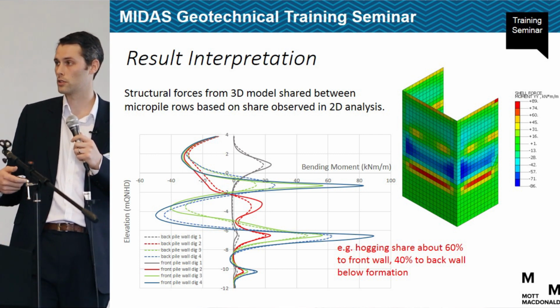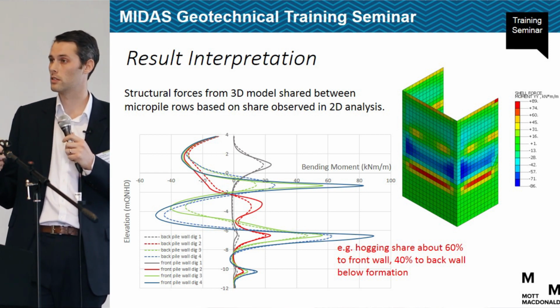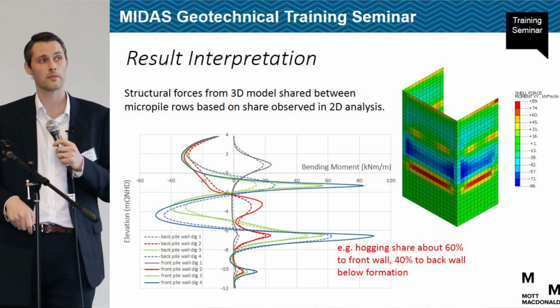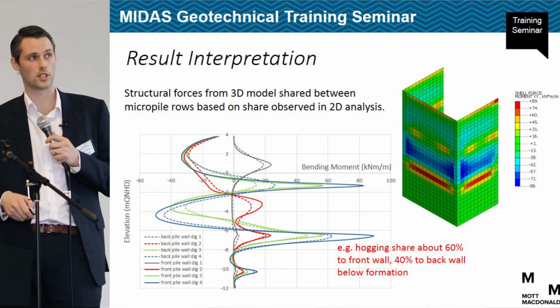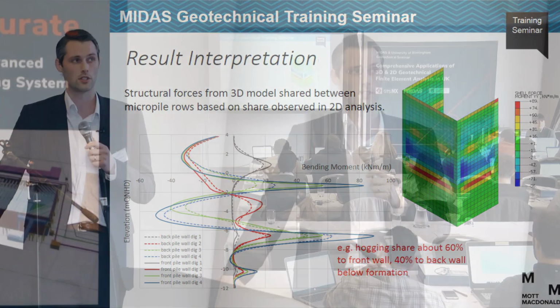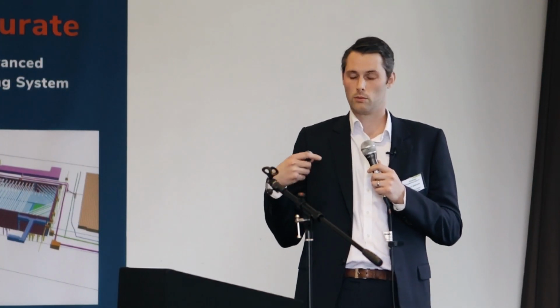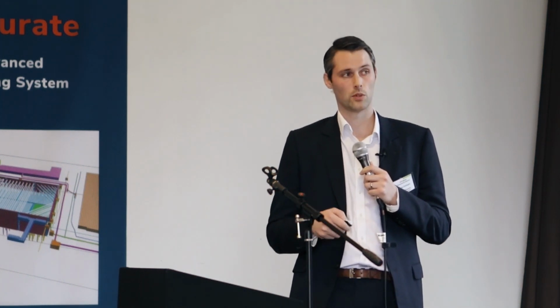If you look at the shear force results, almost all the load in terms of shear is taken by the first row of micropiles. Again, which is what you'd expect, because that's the piece of the wall that's seeing the propping forces first. So this is how we broke the results we got from our 3D model back down into individual forces for the design.